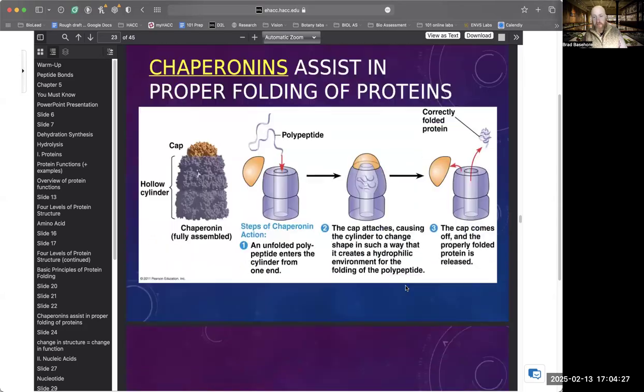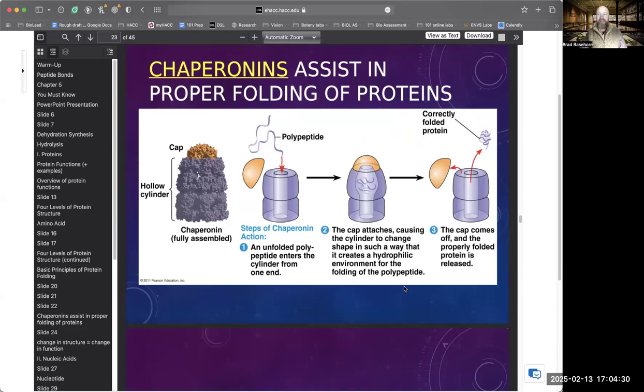There are some proteins that don't fold correctly. So they might get to that fourth level and they still don't really work that well. That's where there are other proteins that step in that help them fold correctly. This is an example of a chaperonin protein, where the chain of amino acids actually goes inside of this other protein, where there's special chemistry inside that forces the protein to fold in a very specific way that it normally wouldn't do.